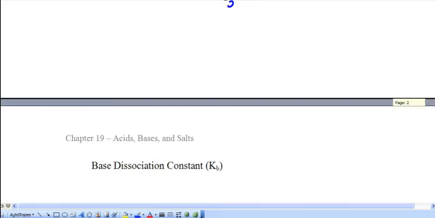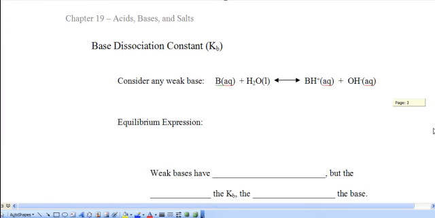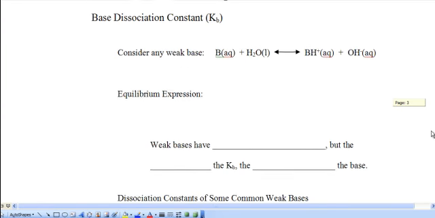All I really want you to know with weak bases is, can you put them in order of strength? Because if you have a weak base, you have an equilibrium situation. You can write an equilibrium expression K equaling the conjugate acid times the hydroxide divided by the original base.